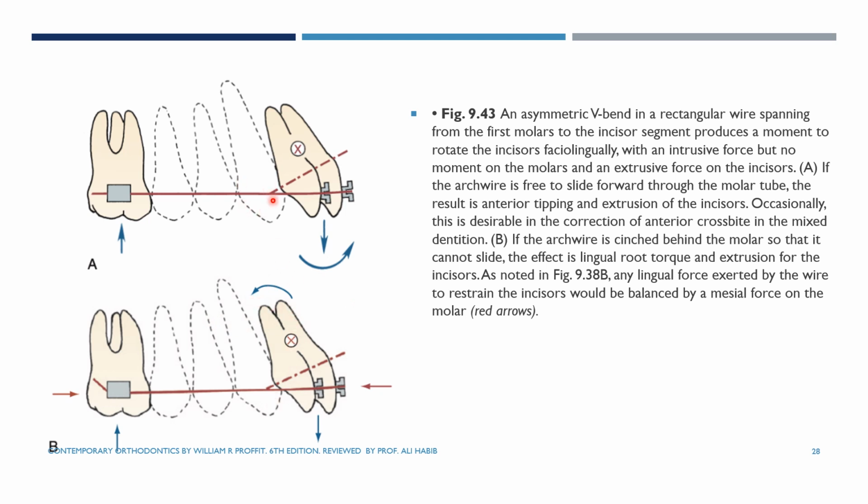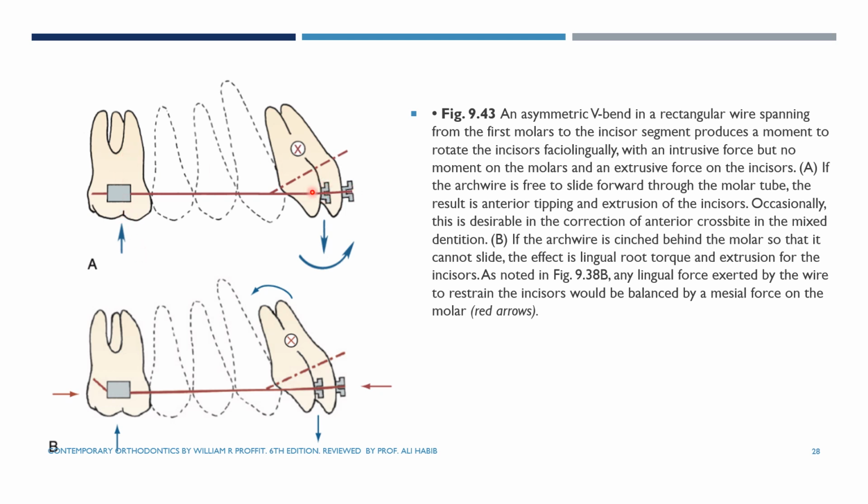However, because the bend is closer to the anterior segment, we expect the anterior segments to extrude rather than intrude, and the distant teeth will have intrusion. If we apply the same rule I told you about, the tooth or unit closer to the V will move in the same direction as the apex of the V bend, and the distant tooth or unit will experience force in the opposite direction.